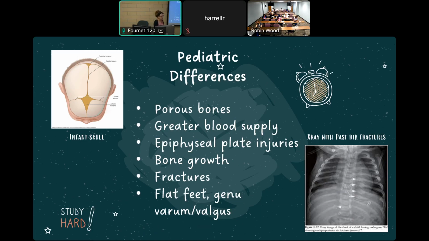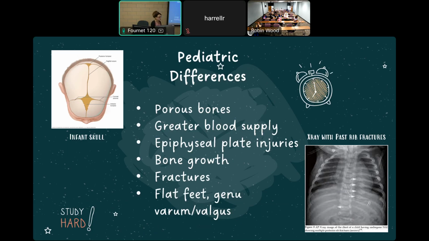So think back, you learned about fractures in second level. We typically see a higher incidence of greenstick fractures, because their bones will just bend until they break. But the good thing is they've got a greater blood supply to their bones than adults do, so a lot of times those breaks will heal faster.